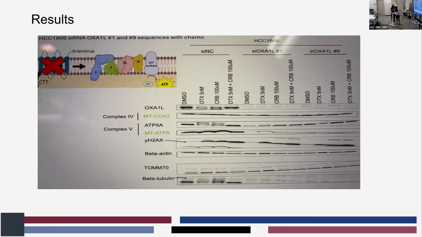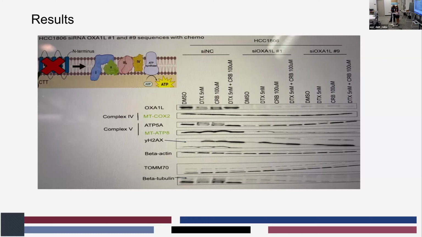And then the next proteins we'll be looking at, that we believe might be affected by OXA1L, are COX2, ATP5A, and ATP8. ATP5A and COX2 seem to show more expression after knocking down the OXA1L, and then at the bottom are beta-actin, beta-tubulin, and TOM70.